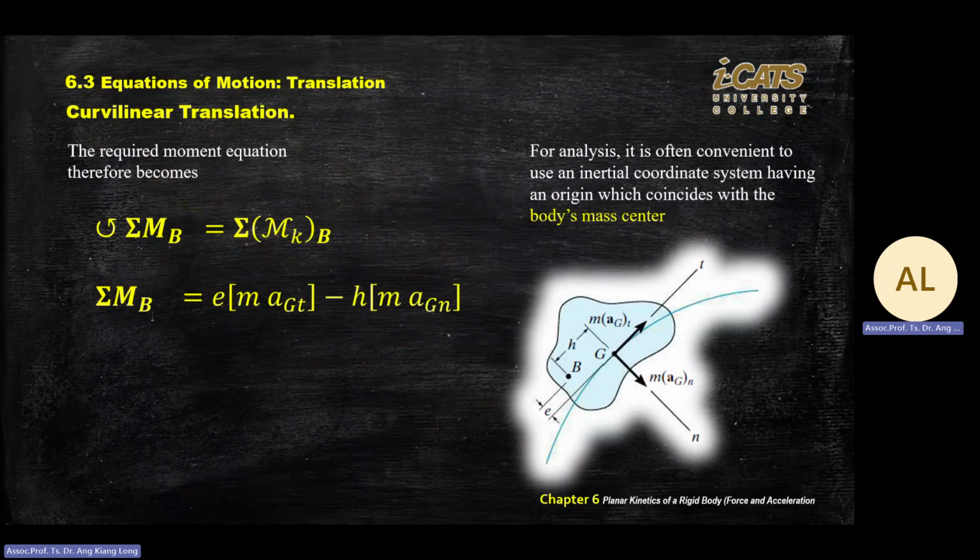So basically, we are repeating these three formulas for today's class. All the moment about G equal to 0, F equal to maGx and maGy, depending on the axis given. In this case, to the right positive, going up positive.